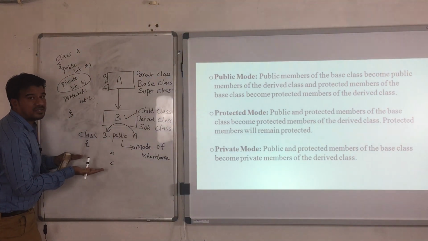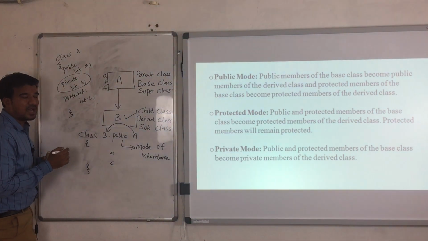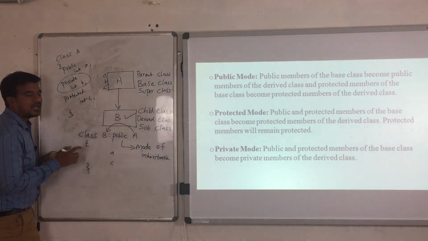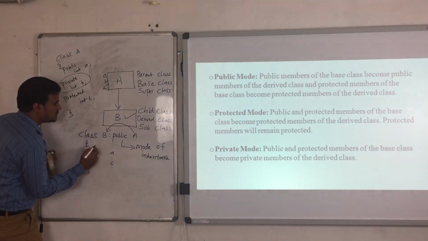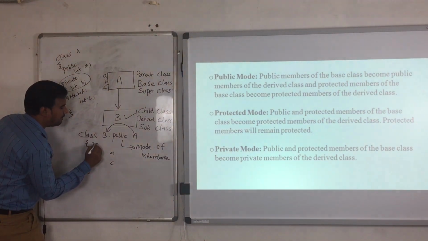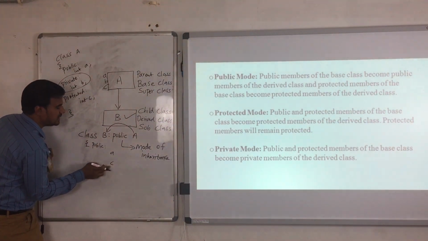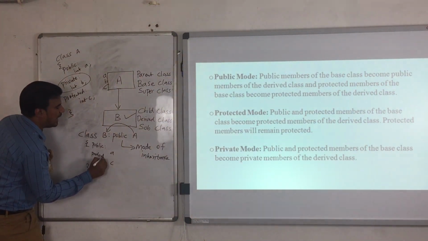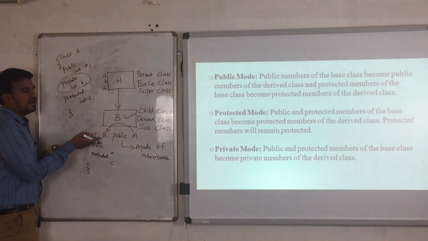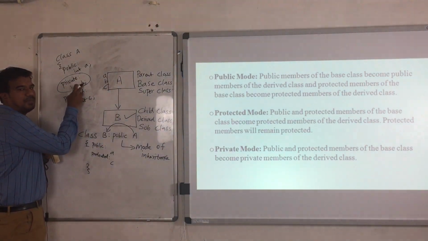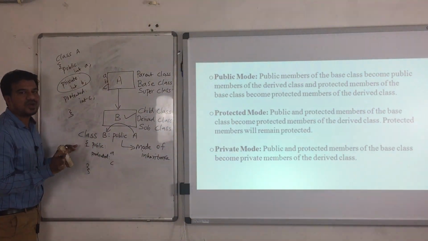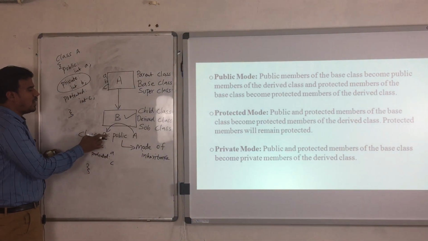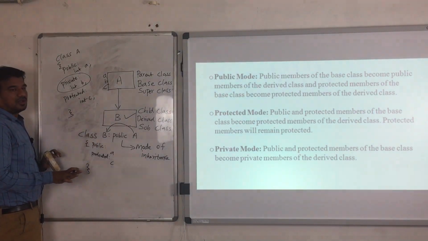How the access modifiers are inside your parent class, in that same way they are going to be considered inside your derived class. And for data member B, class B is not going to have access because it is private. No access under B. Clear?